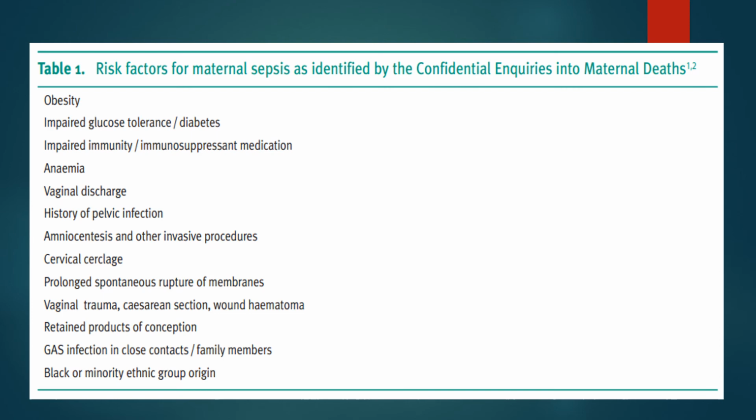Obesity, impaired glucose tolerance, or diabetes, impaired immunity or immunosuppressant medication, anemia, vaginal discharge, history of pelvic infection, amniocentesis and other invasive procedures, cervical cerclage, prolonged spontaneous rupture of membranes, vaginal trauma, cesarean section, wound hematoma, retained products of conception, Group A streptococcal infection in close contacts or family members, and Black or minority ethnic group origin.